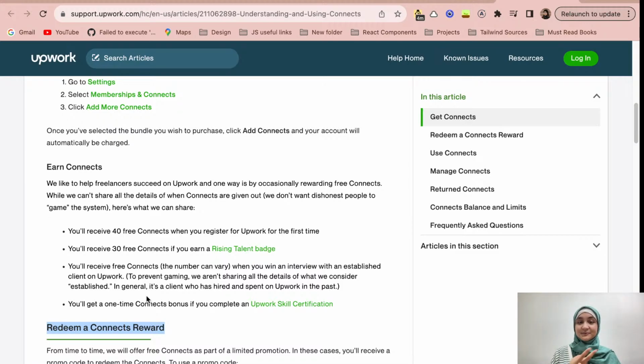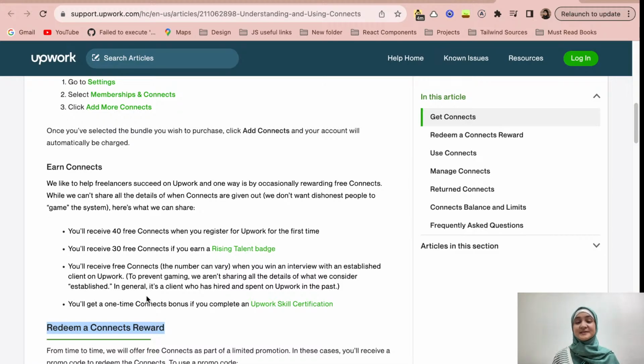Maybe they applied with 2 connects and then got 10 connects once they got an interview. It was an earning-connects scam. So nowadays you will only get 10 connects from an interview if the client is an established client.